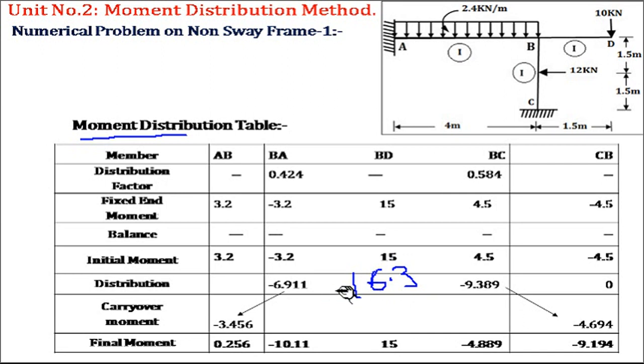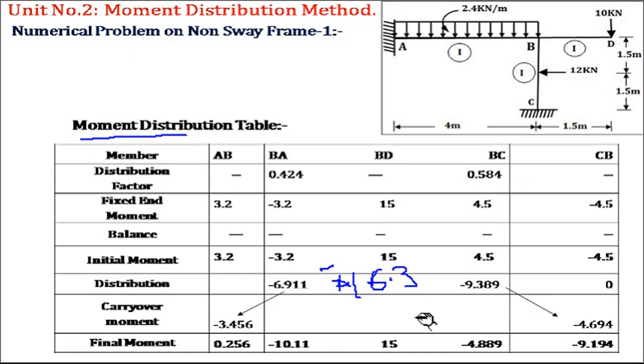And here, as this difference is positive, the correcting moment will be minus 16.3. This correcting moment of minus 16.3 is to be distributed in members BD, BA and BC in proportion to their distribution factor.